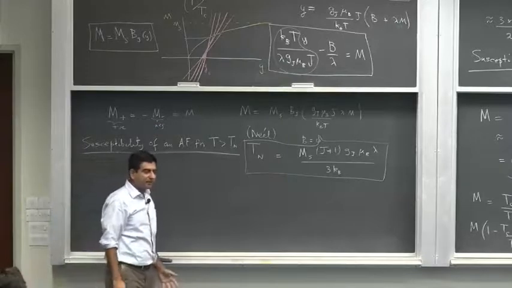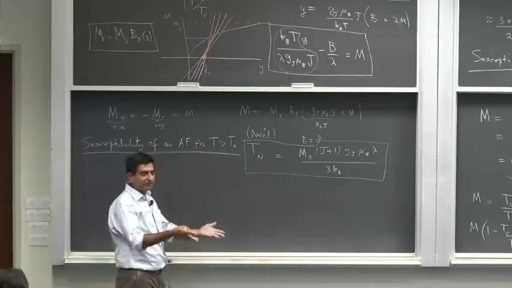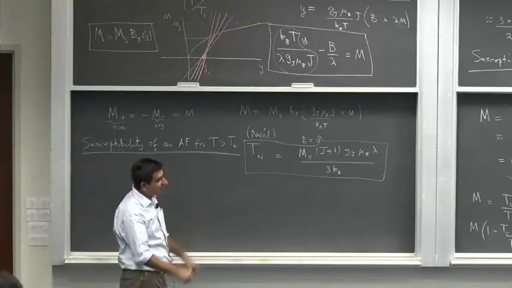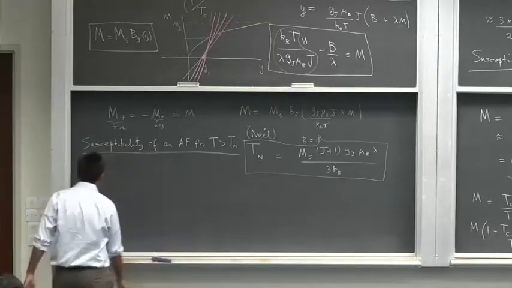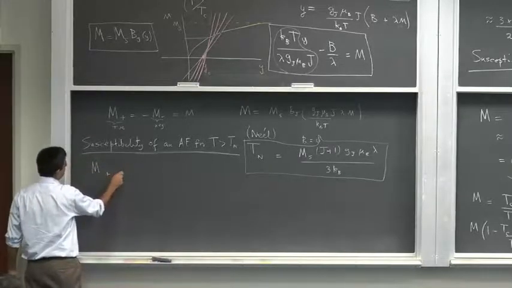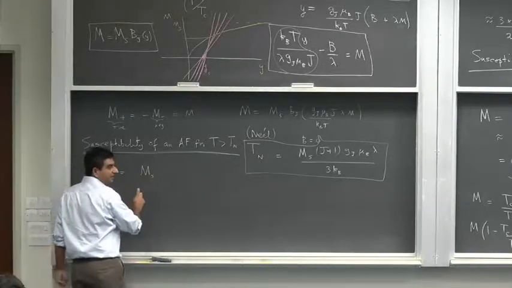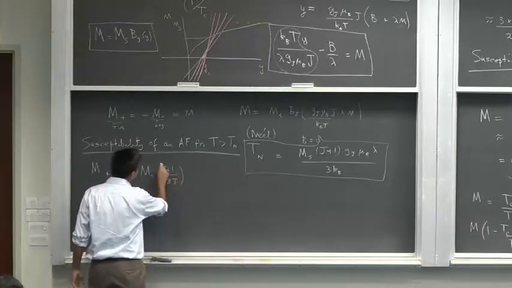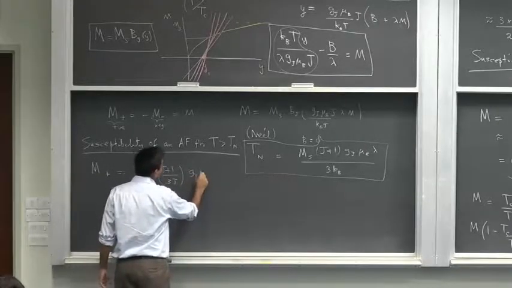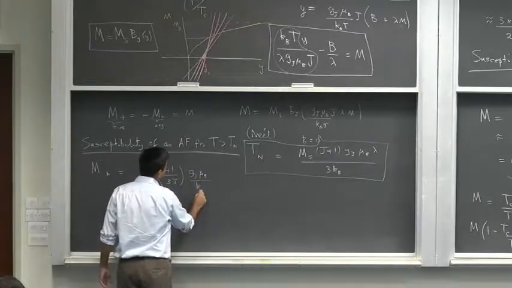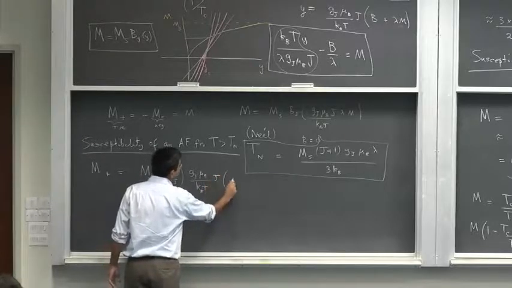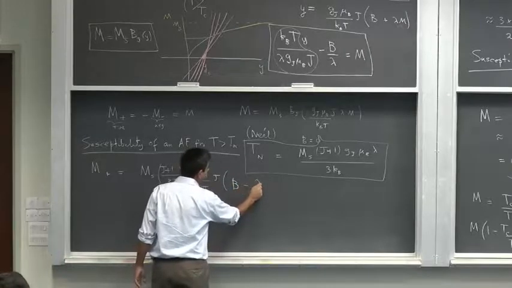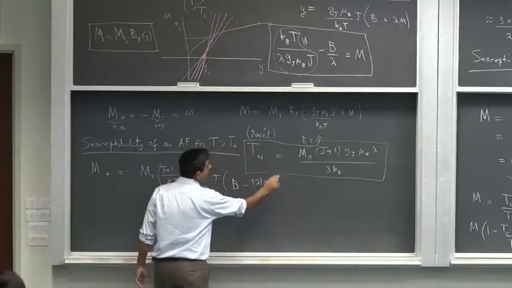In order to calculate susceptibility, once again you turn on the magnetic field. Y is small, so you use this 0th order expansion, the first order term inside the Brillouin function. You get M plus equals Ms times J plus 1 over 3J times Y, which is gJ mu B over kBT, times J times the external field B minus lambda M minus.